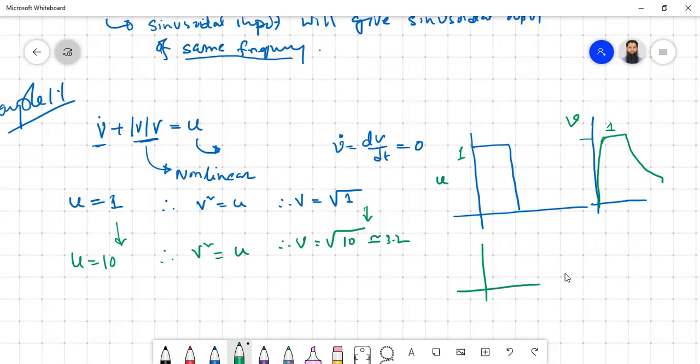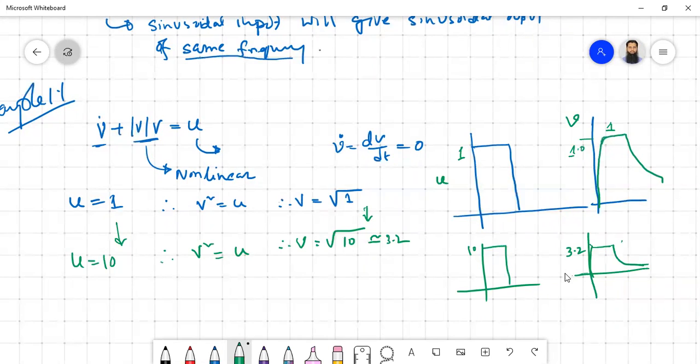So you're applying the value 10 here, and what you are going to get in the output is 3.2, something like this, for 5 seconds, then it will vanish. So this is your final value, 3.2. The final value was 1 in the previous case. So this is a nonlinear behavior. Because the output is not multiplied by 10 times, the homogeneity is not followed here.